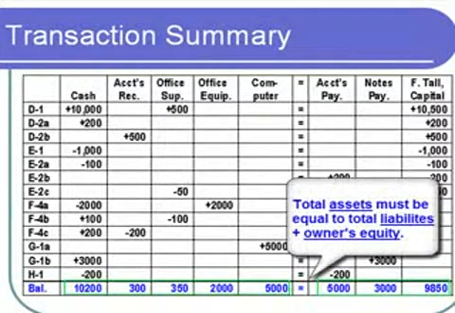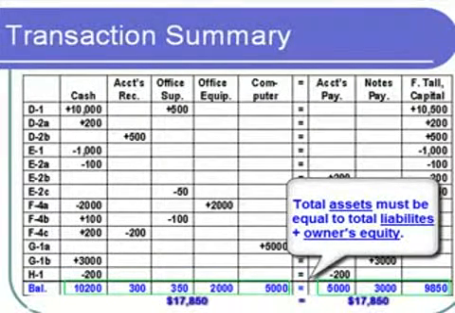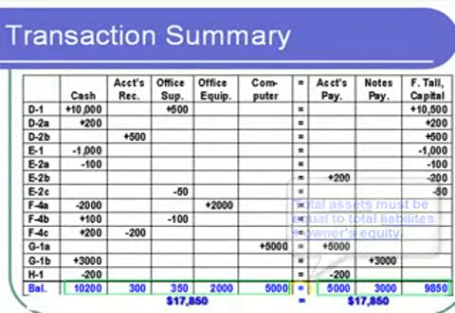If we add up all the equities, we'll find that they equal all of the asset account balances. Therefore, everything checks out, and we do have our equality between assets and equities. This is a good thing since it indicates that no obvious mistakes have been made.